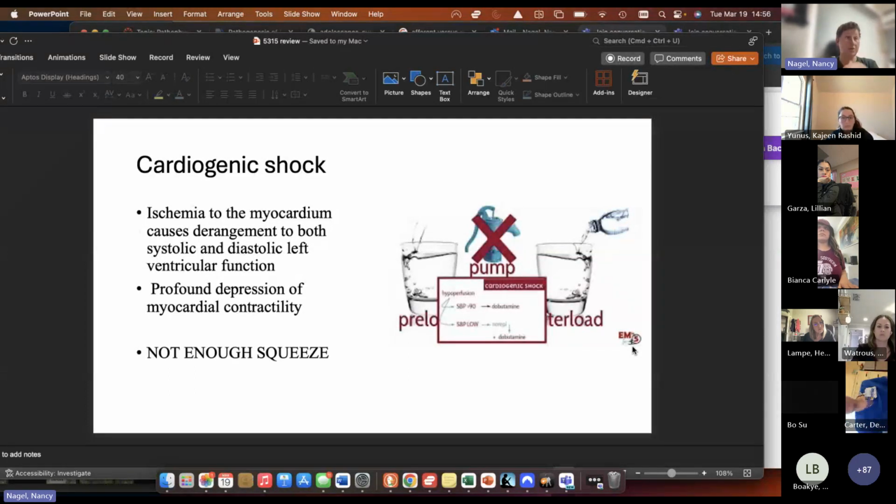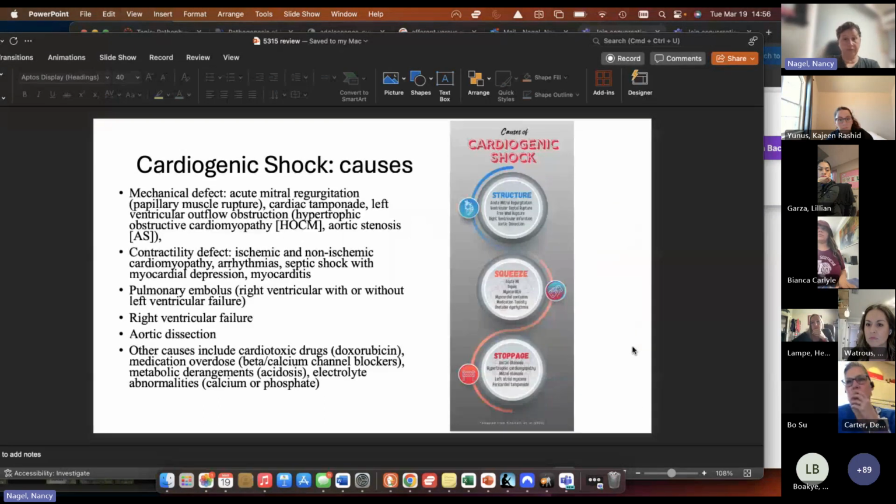So then you just get the cycle of hypoperfusion. So what can we do about it? Well, we have to think about what are the causes, and once we figure out the cause, then we can optimize how we treat it.